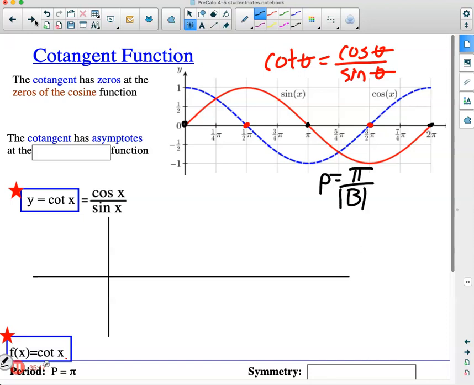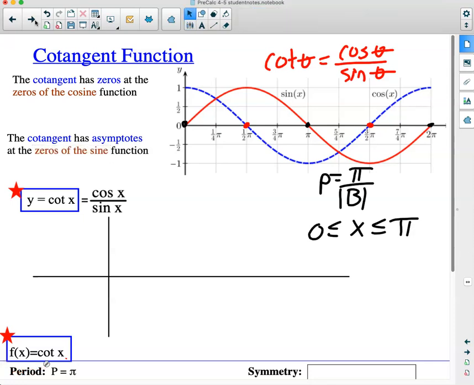So tangent and cotangent do share that 1 pi for their period. But the asymptotes moved. They moved for cotangent because the denominator now is sine versus cosine. So asymptotes at the zeros of the sine function.